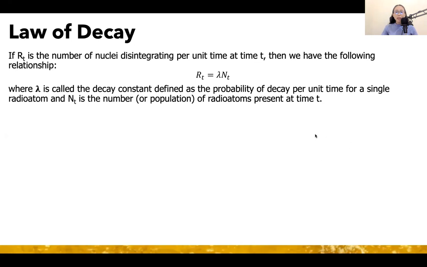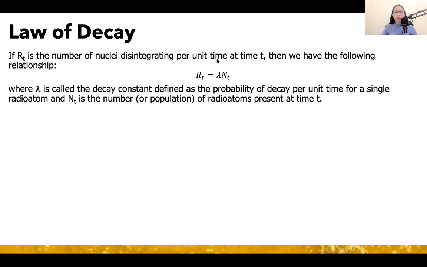So after learning about the units of radioactivity, we are now ready to tackle the equations that can answer these questions. So let's define some variables. We have R sub t. This is the number of nuclei disintegrating per unit time at a specific point in time t. So we have the following equation.